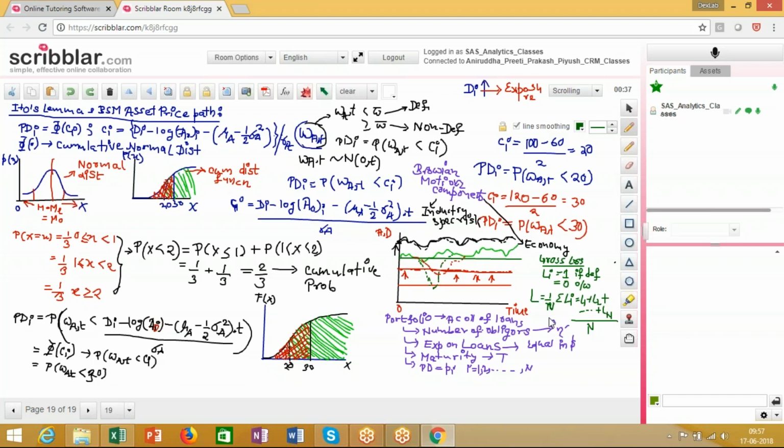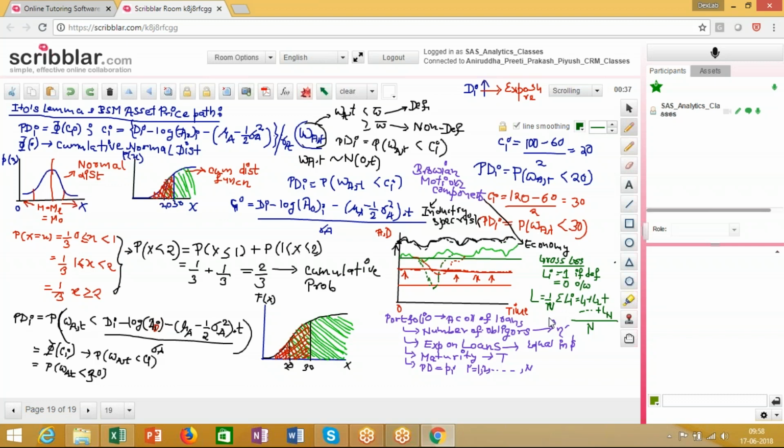So over here we have defined two things: one is the portfolio, the other is the loss. Now you see how these components come together. We started off with the asset part, then we talked about the debt obligations.